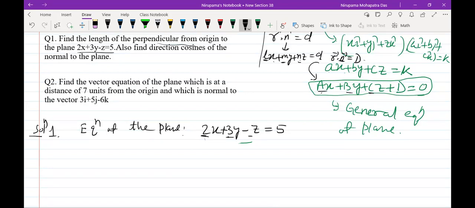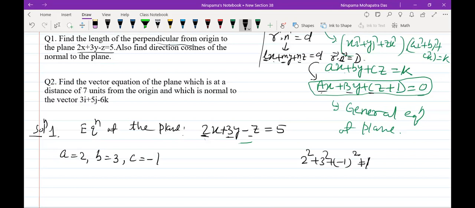Take the sum of the squares: 2 square plus 3 square plus minus 1 square. Is it 1? It is not equal to 1, so 2, 3, minus 1 are not direction cosines. We are given A equal to 2, B equal to 3, and C equal to minus 1.